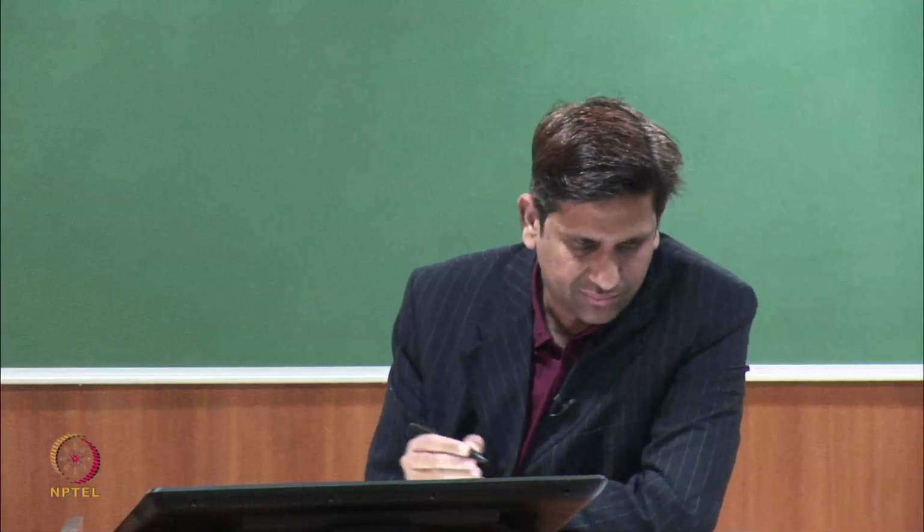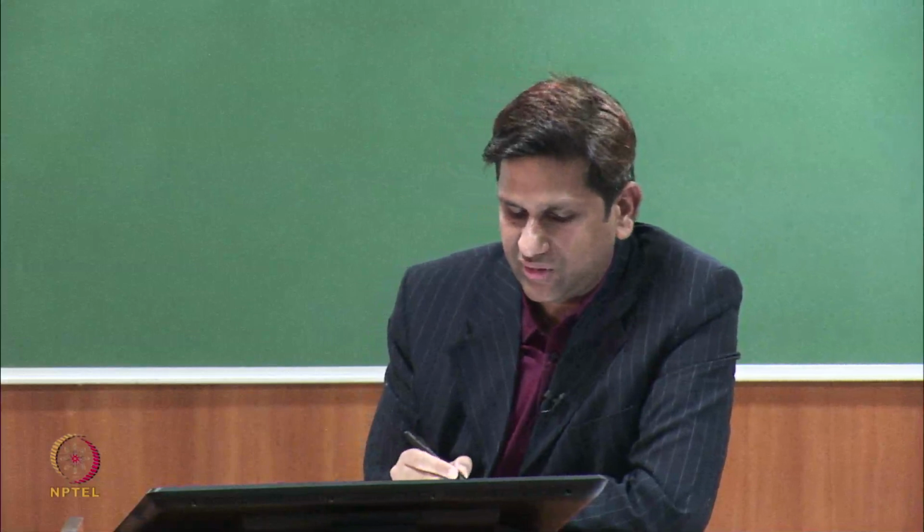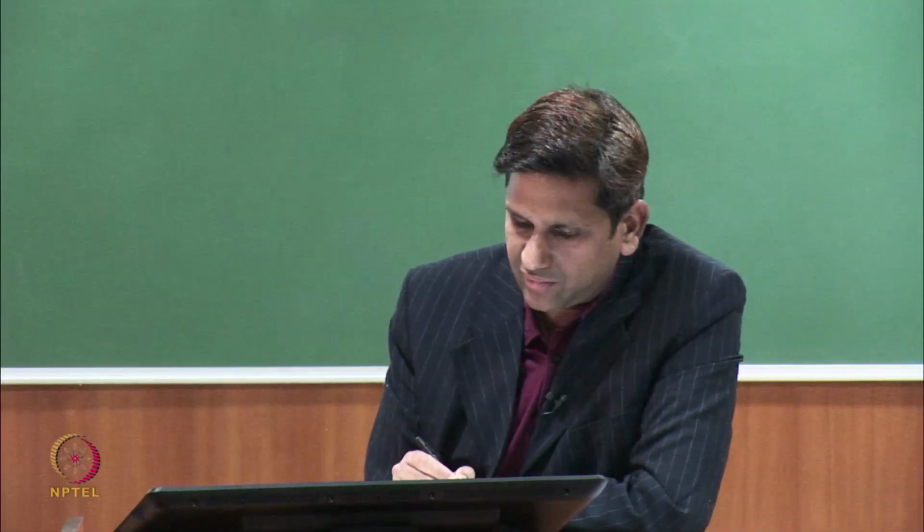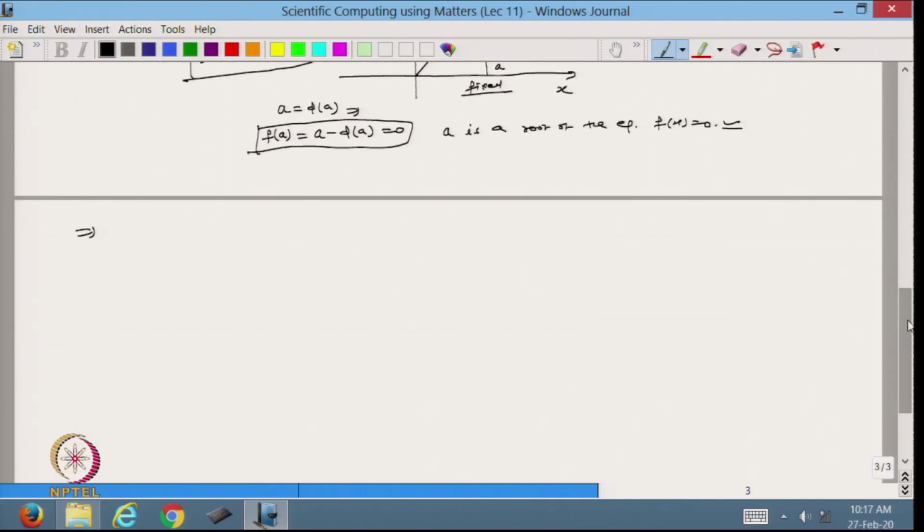Based on this, now how can we find this root using the iterative process? This fixed point iteration means that now I can write my equation. So from the above, this is my equation number 2.